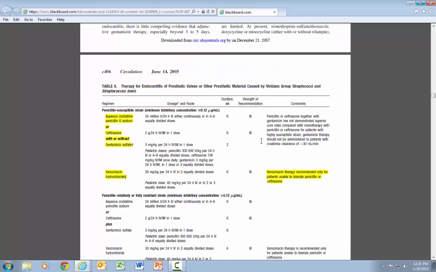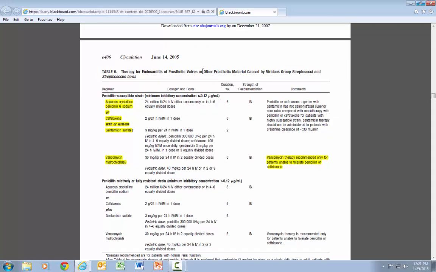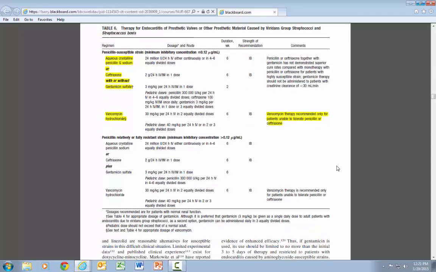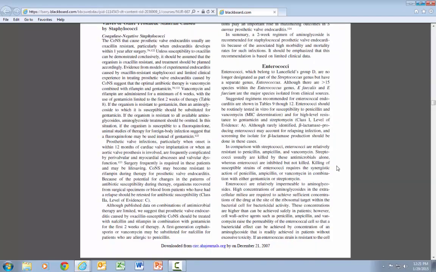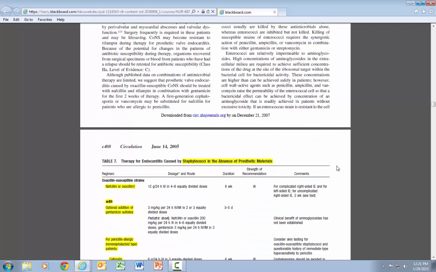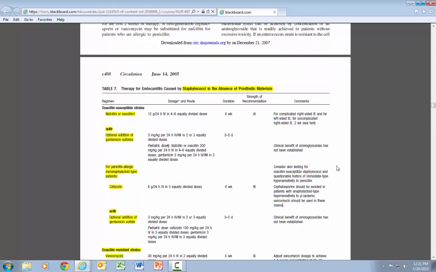Now, this is the prior explanation with the prosthetic valve in patients that have streptococci. Again, penicillin G or ceftriaxone with or without gentamicin, and vancomycin only when the patient is unable to tolerate penicillin or ceftriaxone. So far, you have seen that the treatment is more or less the same. When does it vary? Well, if you have staphylococci in the absence of prosthetic material, the other choice, as I mentioned in the prior video, is nafcillin or oxacillin with gentamicin.